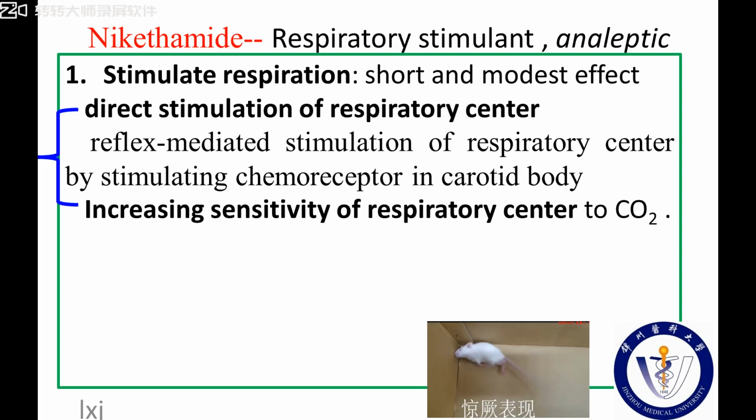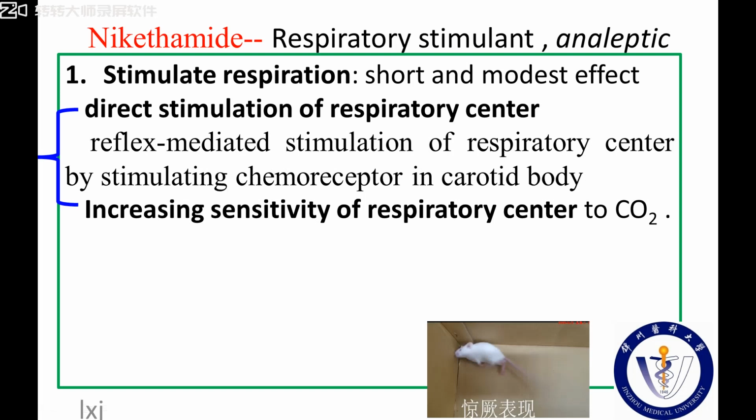This effect is related to three mechanisms. Nicotinamide can directly stimulate the respiratory center, making breathing faster and deeper.